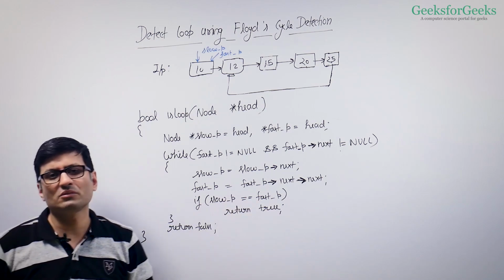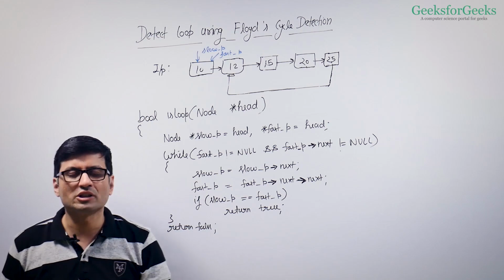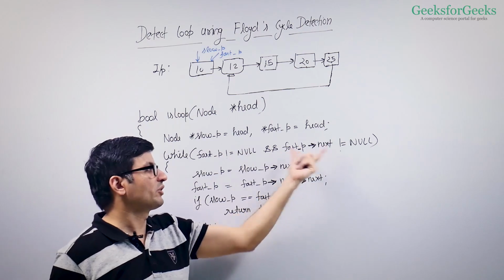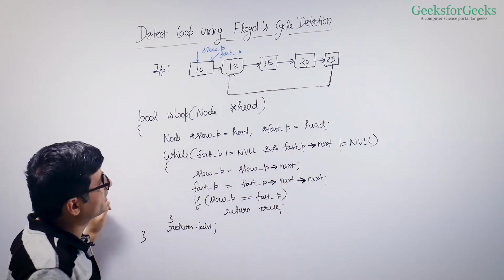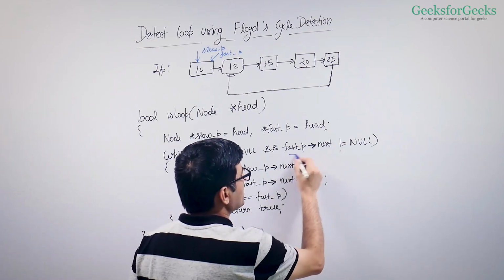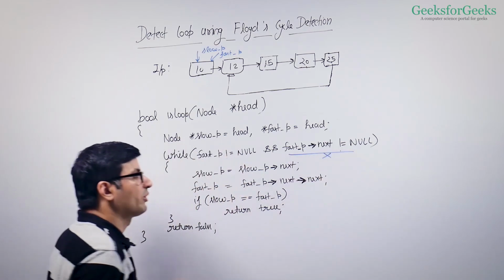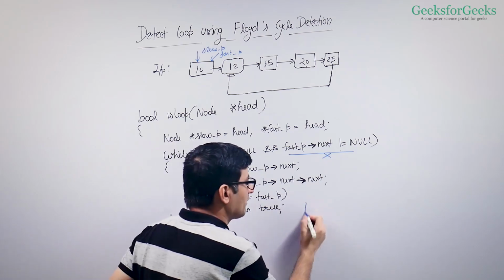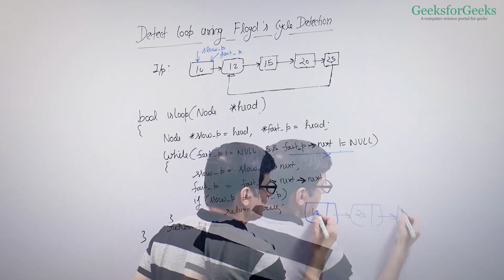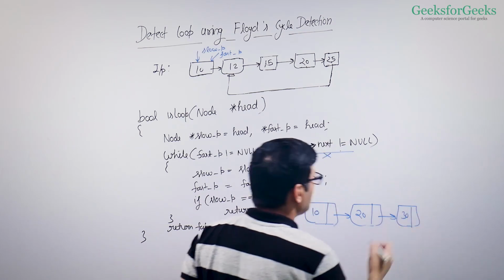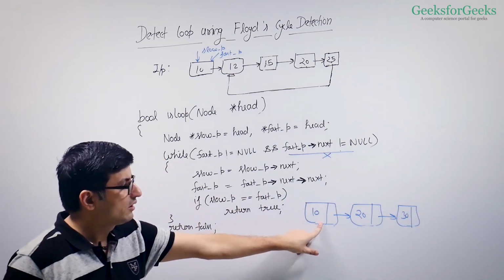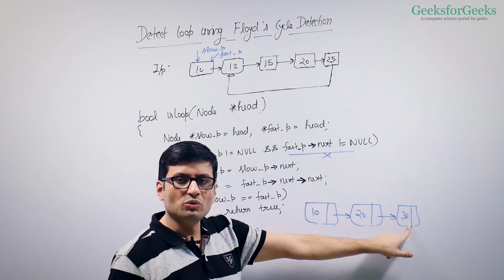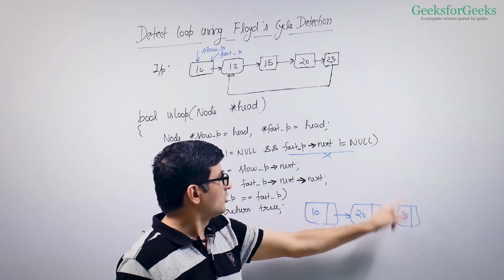Now there are some important points to note in this code. We have fast not equal to null and fast next not equal to null. These conditions are very much required. If I miss this condition, then I'll have a null pointer exception for certain cases. For example, if I have a linked list, what will happen here? Your fast is initially here, your fast comes here. Now fast is not null, so you will come inside the loop.